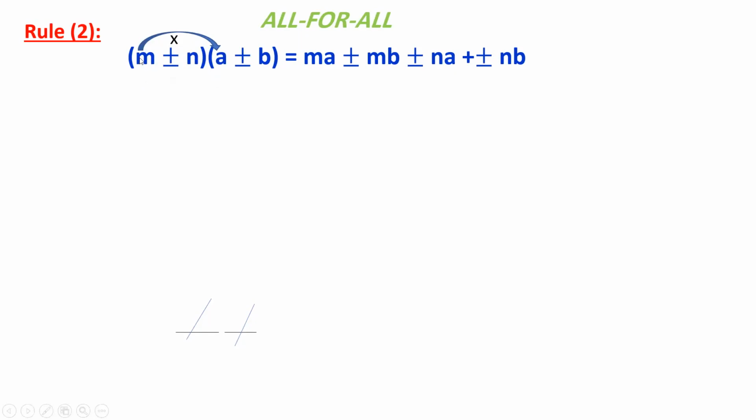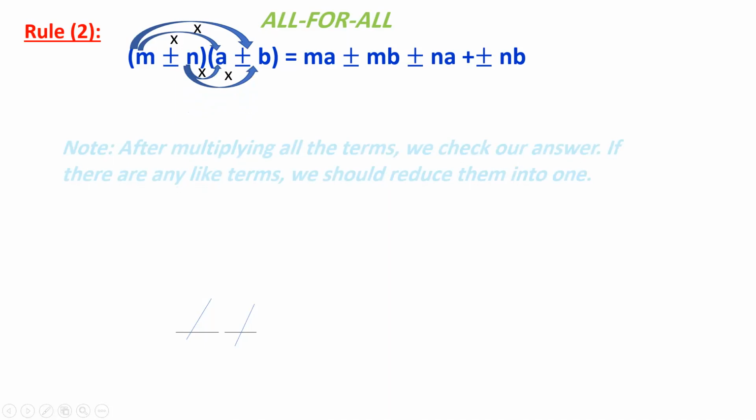Then m times b is mb, also multiplying the sign by the sign. Now n times a is na, and again we multiply the sign by the sign. Then we multiply n by b, which is nb. So everything in the first parenthesis is multiplied by all inside the second parenthesis.